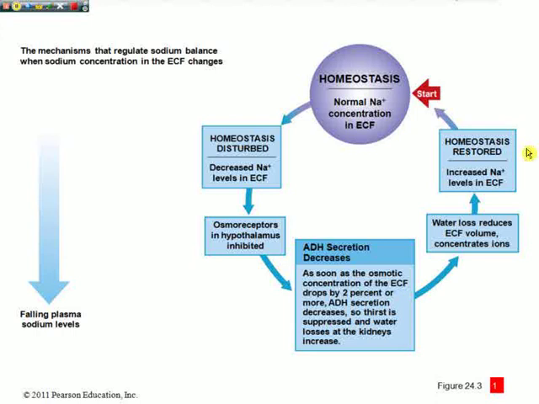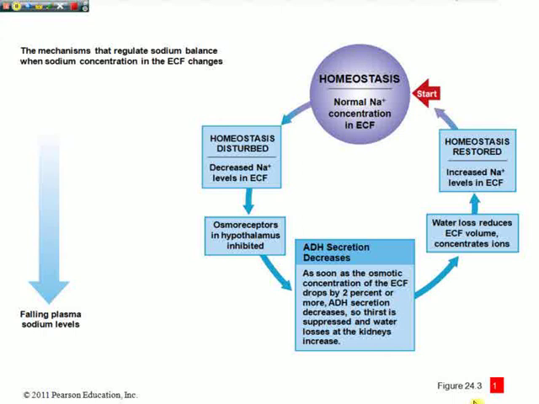This chart shows the opposite. If you have a decrease in sodium, what happens? Well, again, the hypothalamus is inhibited at the osmoreceptors. ADH secretion will decrease. So by decreasing the amount of anti-diuretic hormone, your body is now going to diurese more, or lose water through urination.